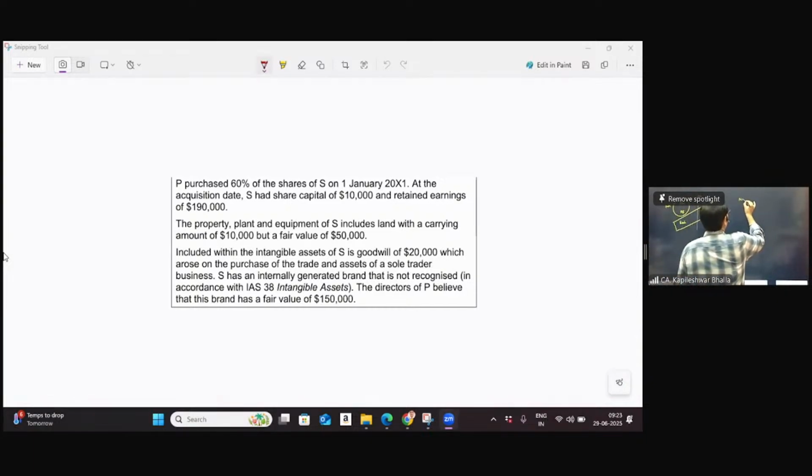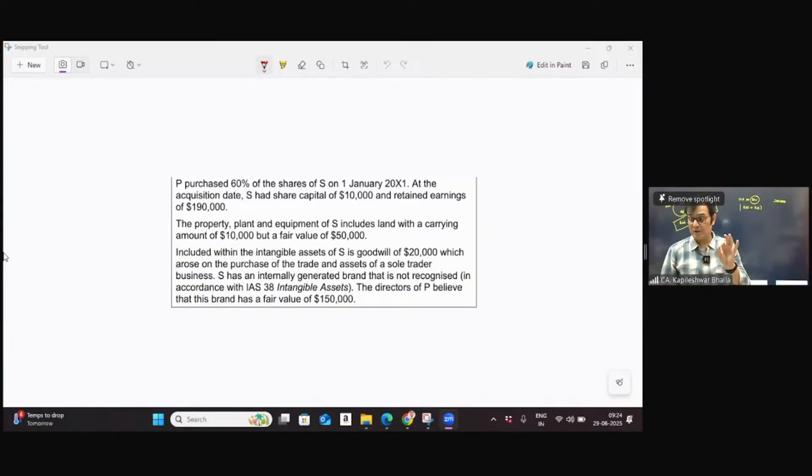Let me quickly put the figures. If I want the net assets at book value, what is it? The sum total of the equity, share capital and the RE, that is 2 lakh. So that is the net assets at a book value. But in step number 3, we need the net assets at a fair value.